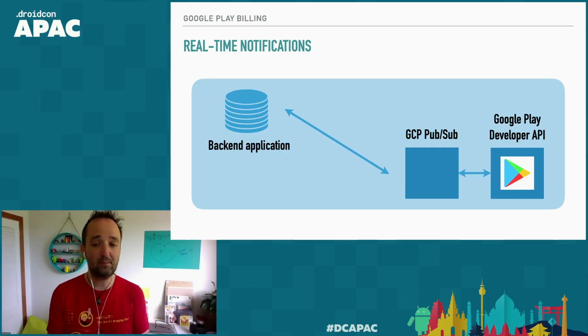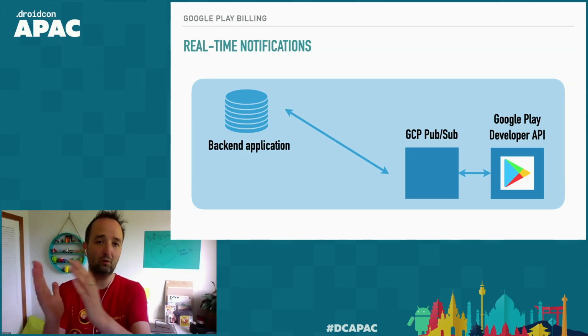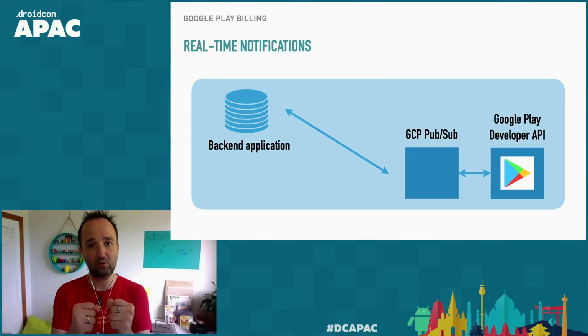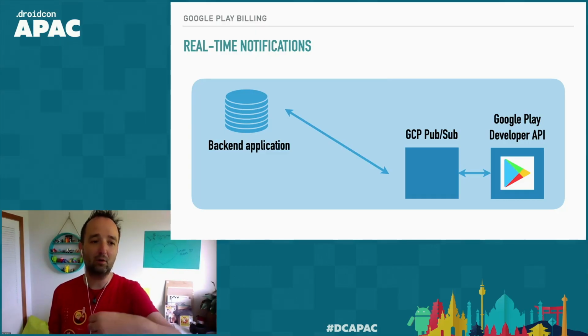So there might be a change in a subscription or in the status of a subscription or a purchase. You hook the Google Cloud publish-subscribe model in front of that, and that will automatically notify your backend application of that change, which is handy and quite important.